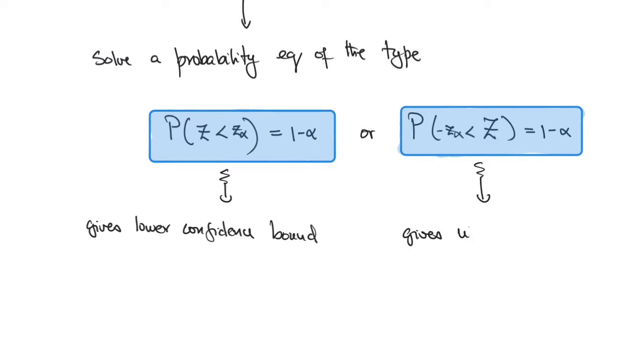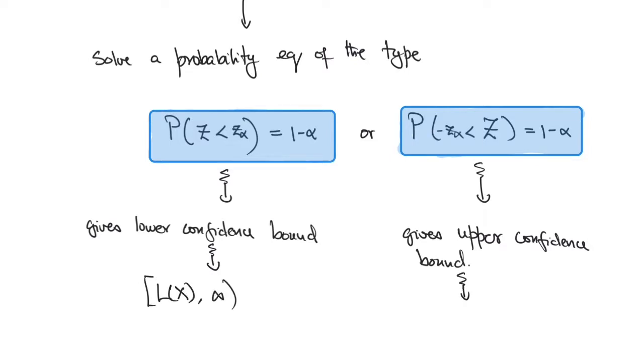So the former probability gives us a lower confidence bound. We call it L of x, which is a random quantity, and the latter quantity gives us an upper confidence bound, which we denote U of x, and gives us a confidence interval minus infinity to U of x.